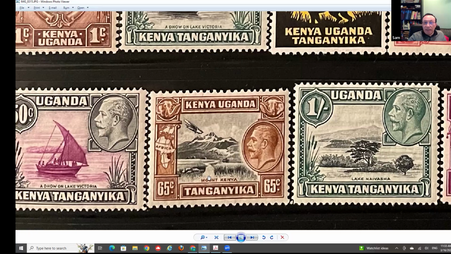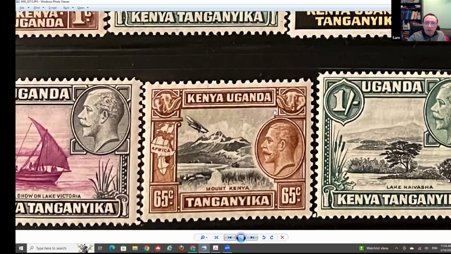Now, this is Mount Kenya. Mount Kenya used to be a volcano, but it has not been active for many, many years. And this is the second largest mountain in Africa.